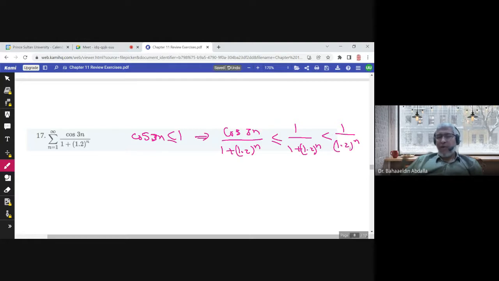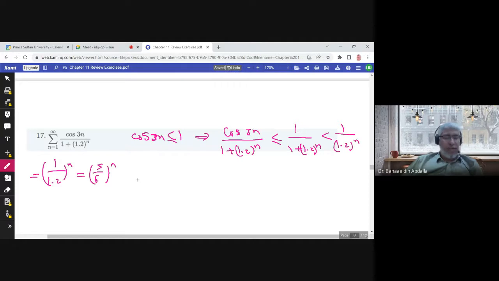And now what do we know about this? 1 over 1.2 to the power n. If I use the calculator, 1 over 1.2, I'll find that it is 5 over 6.